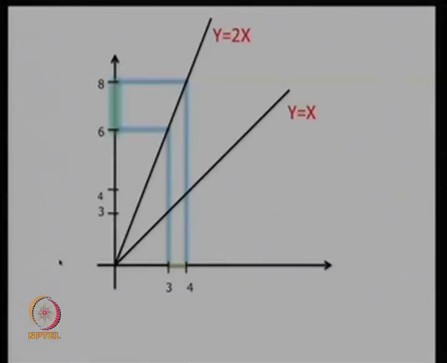For y equal to 2x, the corresponding y values for 3 and 4 are 6 and 8. If you do this for y equal to x, the corresponding y values are 3 and 4 itself. So, now if you calculate the slope or the derivative dy by dx, you will get a bigger number here, because even though the change in x is the same, the change in y is different. This has a bigger change compared to this.